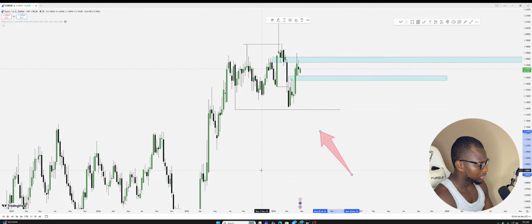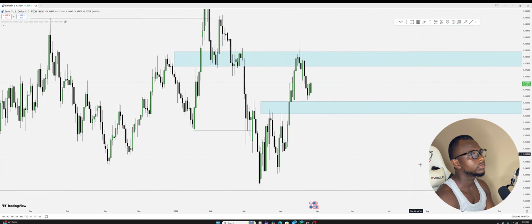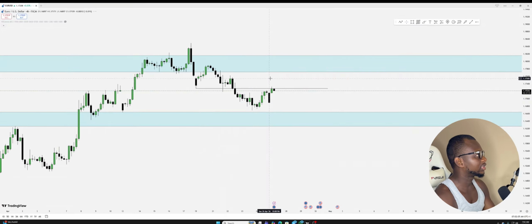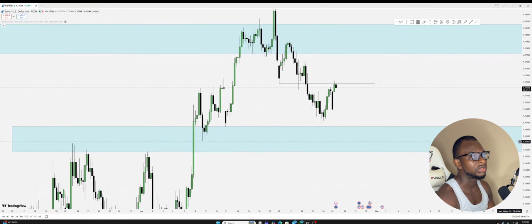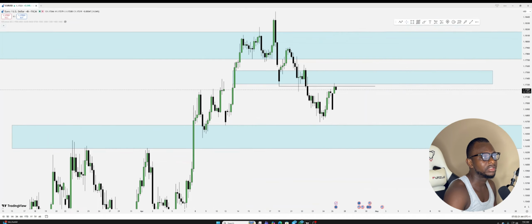Okay, so I'll go to the daily time frame. On the daily time frame, you can see that price just retraced back into this order block right here, but still waiting for it to take out Asian low. I'll keep my fingers crossed and see what is going to happen. And if you look to the left, you can see that we have this inverse fair value gap right here.